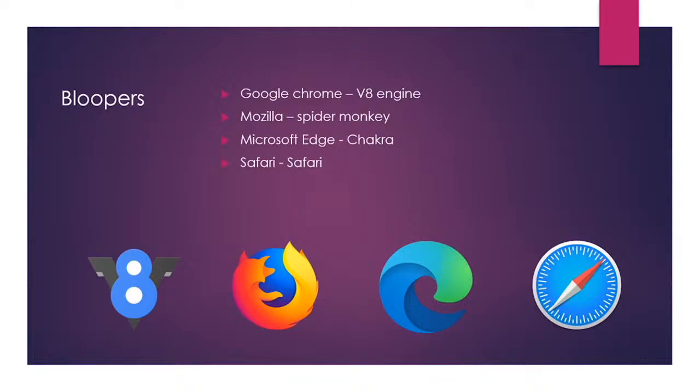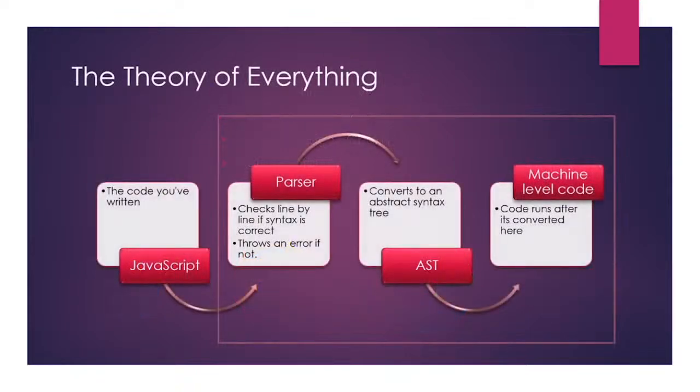Google Chrome has its engine named the V8 engine. Mozilla Firefox has SpiderMonkey. Microsoft Edge named its engine Chakra, and Safari, well, it's just Safari. Alright, so these are the engines which take in your code, and let's see how they work.